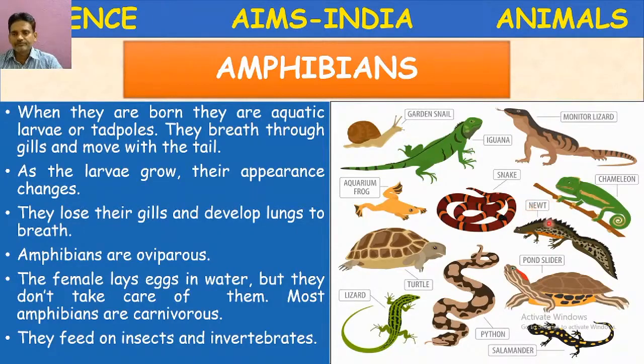The next, salamander. This is also amphibian. The remaining are reptiles. So salamanders, frogs, newt. These are the examples of amphibians.